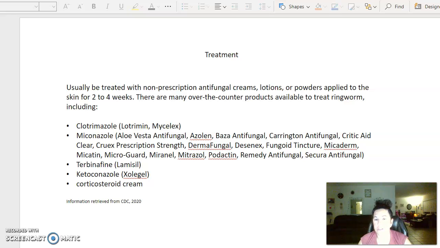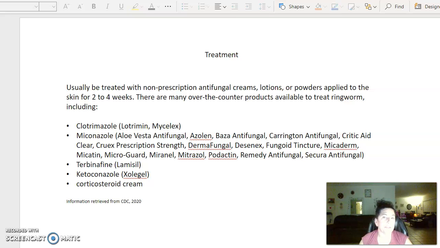These are topical agents, lotions, and powders applied to the skin for 2 to 4 weeks as a regimen so that the fungus discontinues to grow. There are many available, such as clotrimazole or Lotrimin, Micatin, miconazole, and there is a corticosteroid cream as well. Those are just to name a few.